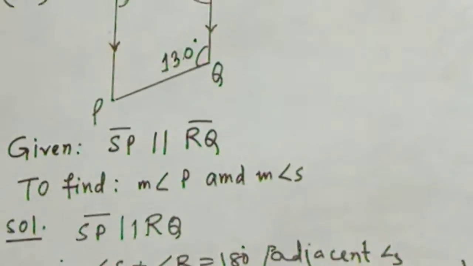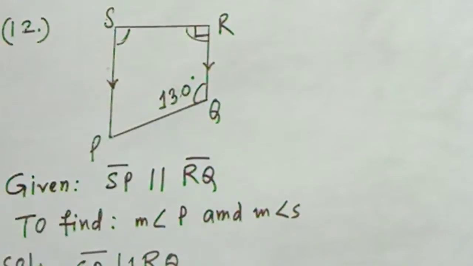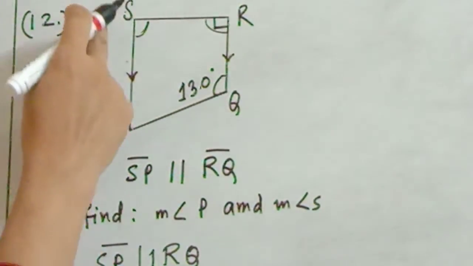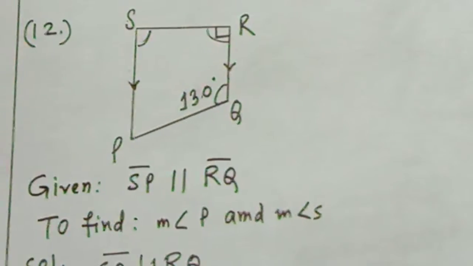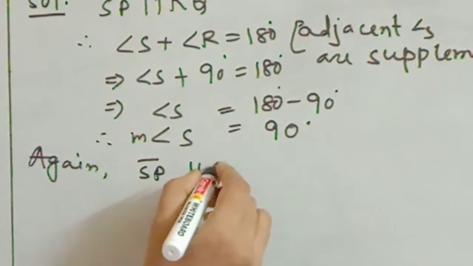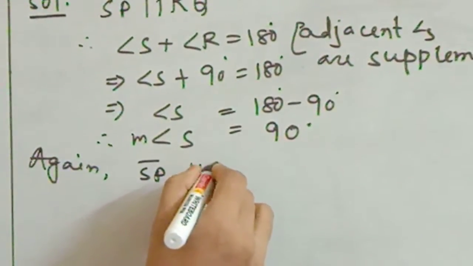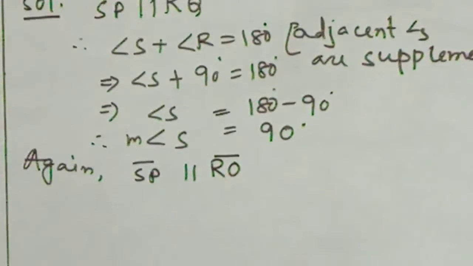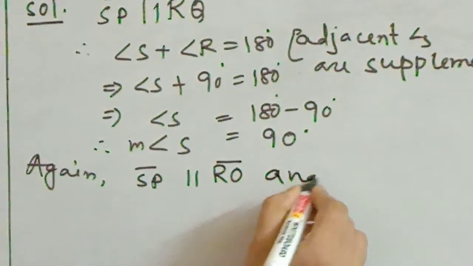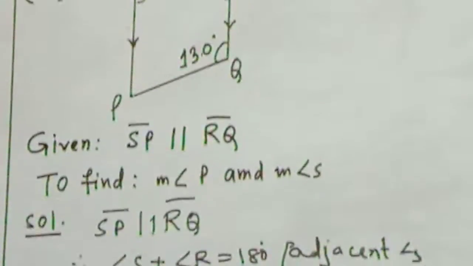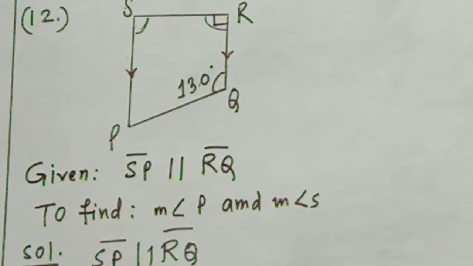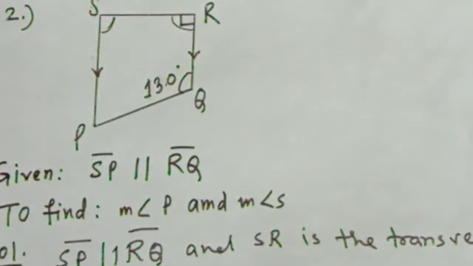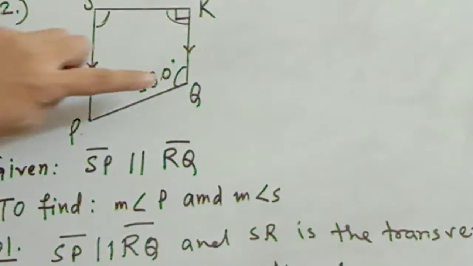Now these two lines are parallel. Again, in the same way, SP is parallel to RQ, and this time PQ is the transversal.